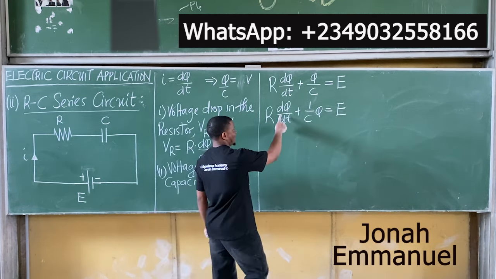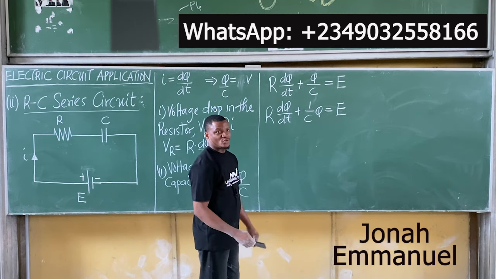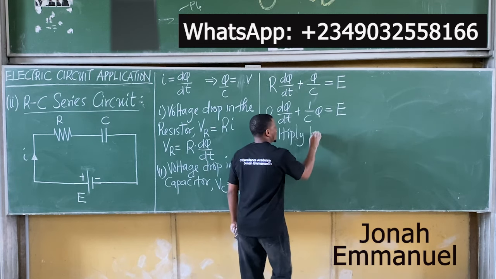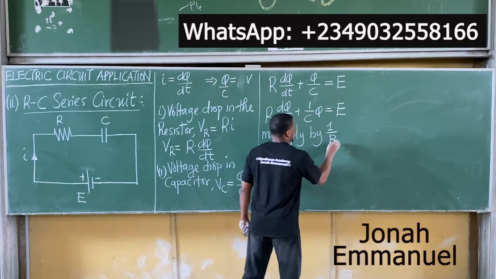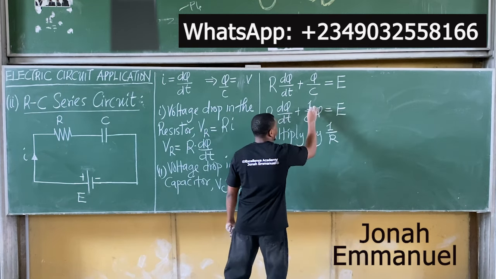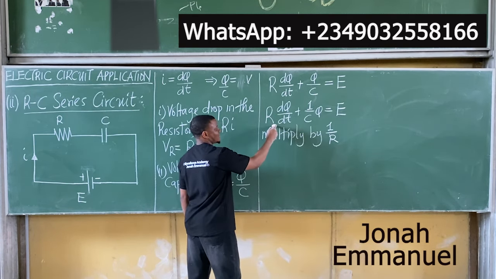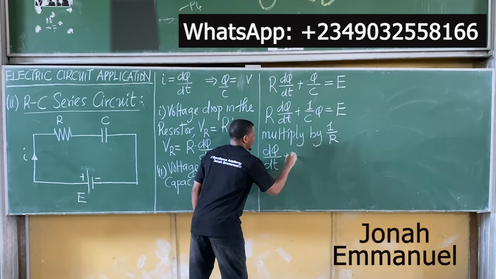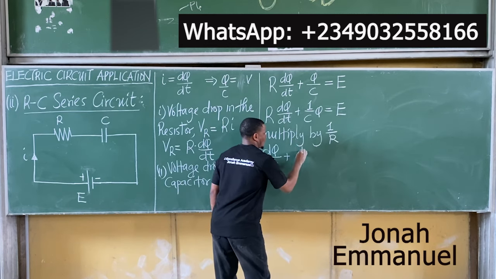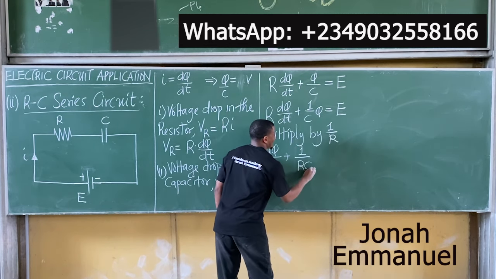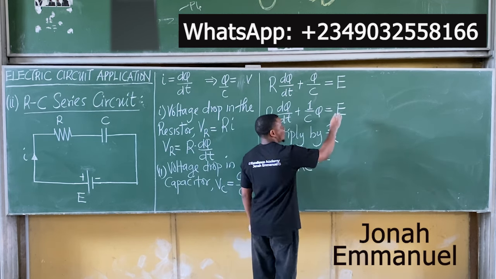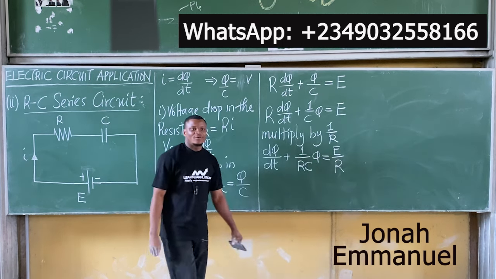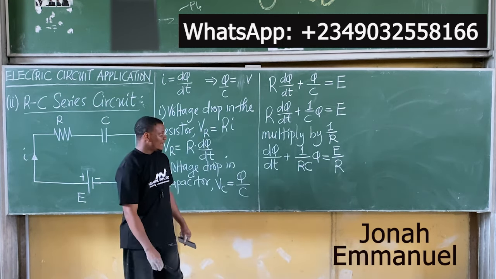If you want to make dq dt the subject of the formula, you can divide by R, or multiply by 1 over R. Multiplying by 1 over R cancels the R, so I'm having dq dt plus 1 all over RC times Q is equal to E over R. From here, start taking the integrating factor, and you get your answer.